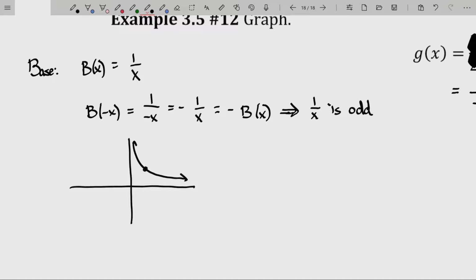Technically speaking, this point 1, 1 is definitely on the graph of 1 over x, but 0, 0 is not. However, I'm still going to use 0, 0 as an anchor point, and I'm still going to use 1, 1 as an anchor point for my graphing process, and you'll see why as we continue.